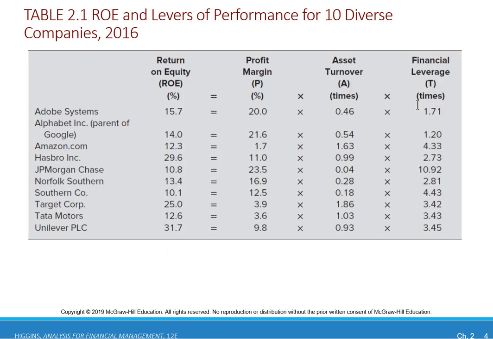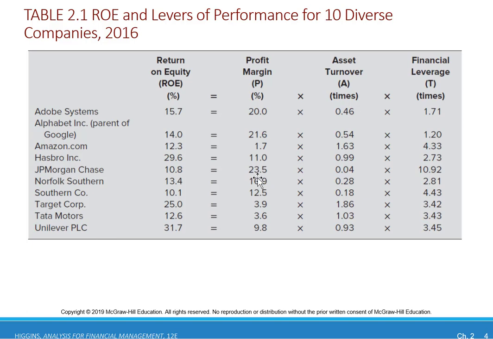So here we have some prominent companies. Some of them we've heard of, maybe some you haven't. But what does this tell us about these ratios? Well, as you can see, we have companies that have relatively high profit margin, right?